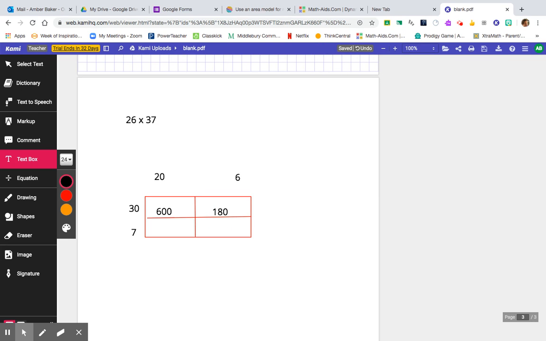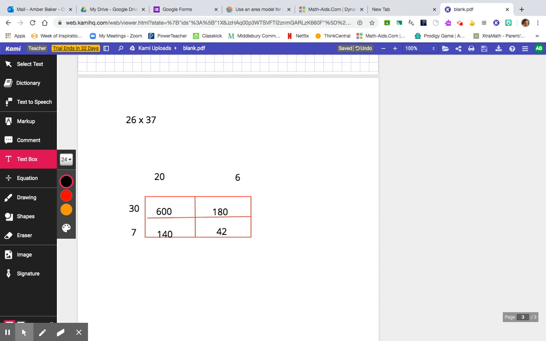I need to do that again, except this time I'm going to start with the 7. I'm going to do 7 times 20, which is 140. Now I do 7 times 6, which is 42. There you see that I found the area of all four rectangles.